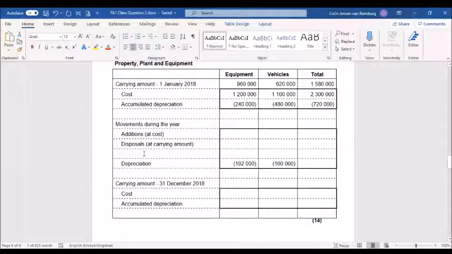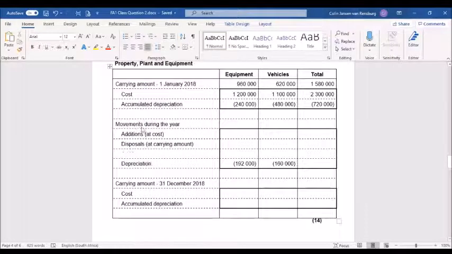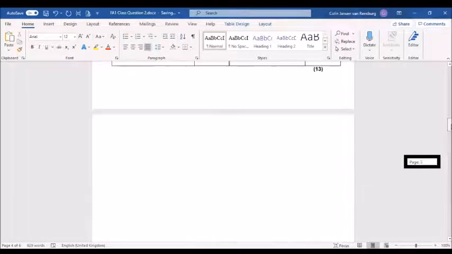Now we must remember we must take out the cost as well as the accumulated depreciation. So I'm just going to type it there.